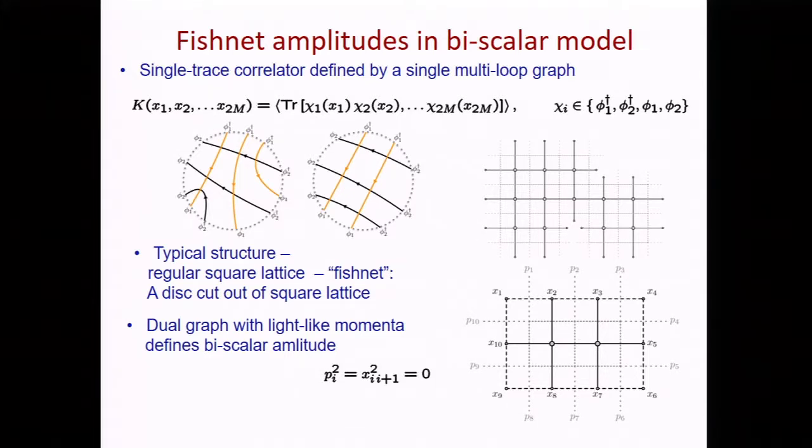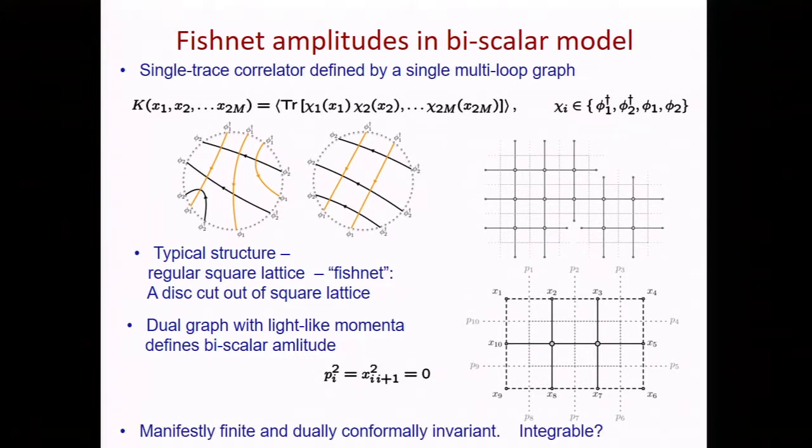So this x1 is sort of a fictitious point from the point of view of this, and the scalar particles have these trajectories, let's say so. So it's a regular procedure to get a massless amplitude out of this correlator graph.